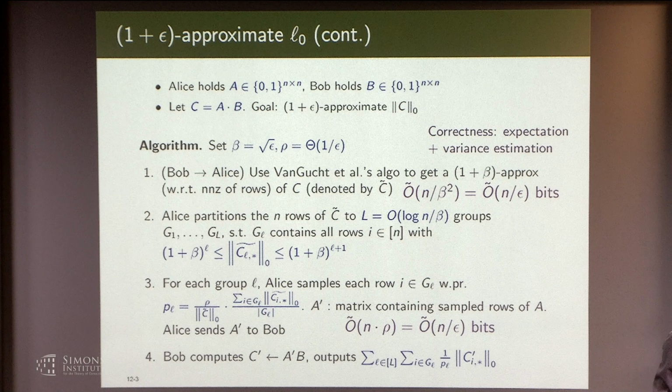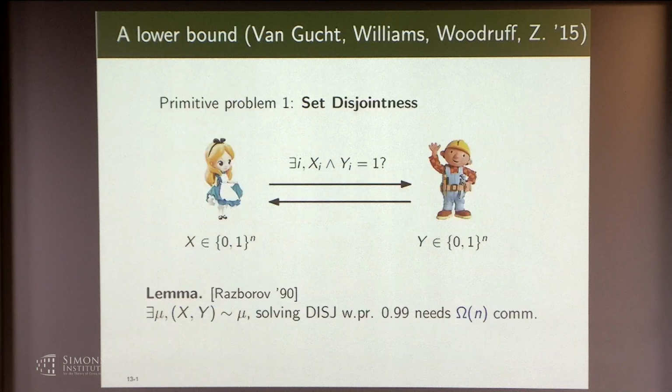But this is too much, so we have to use a larger approximation ratio. This is what I mean by rough estimation. And step 3 also takes n over epsilon bits of communication. Okay, so this is basically the upper bound.